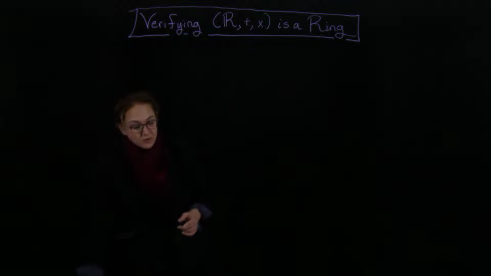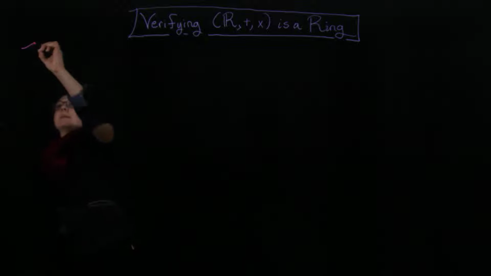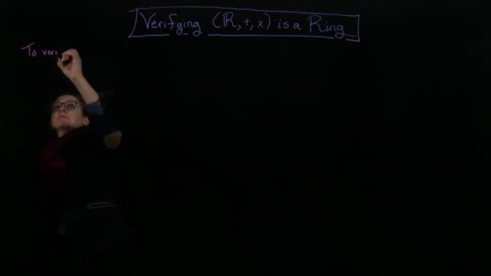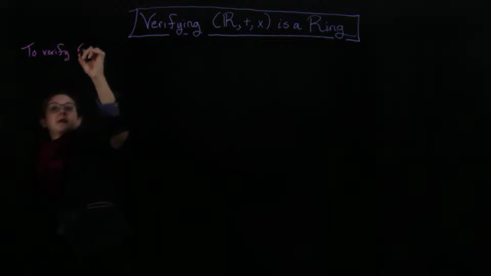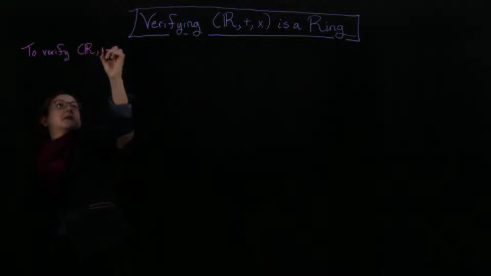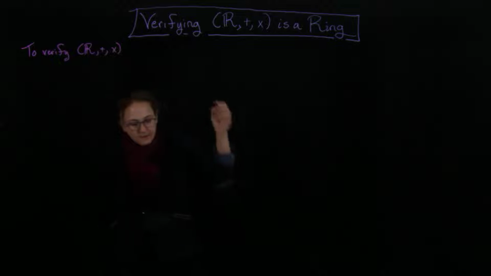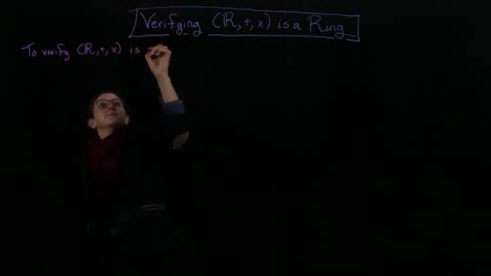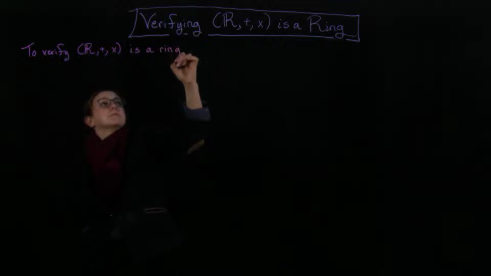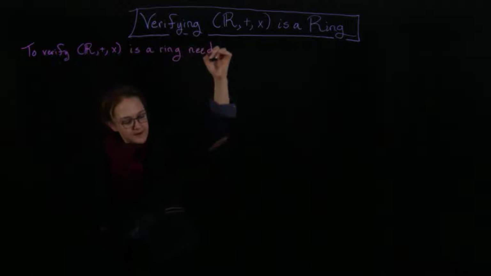Okay, so to prove or to verify that my set is R and my binary operations are addition and multiplication as we're used to them, is a ring, then you need to verify.